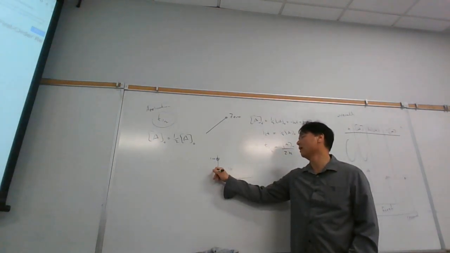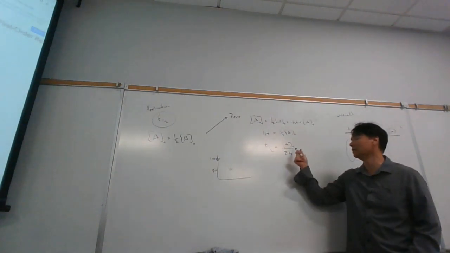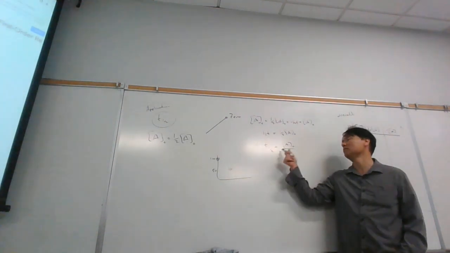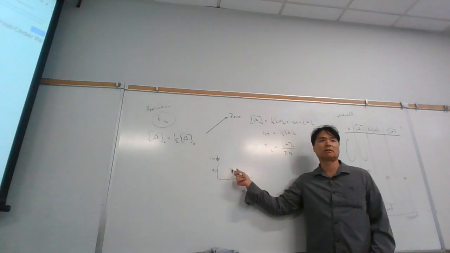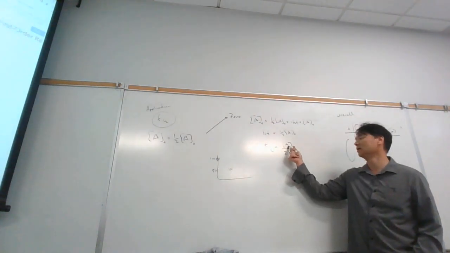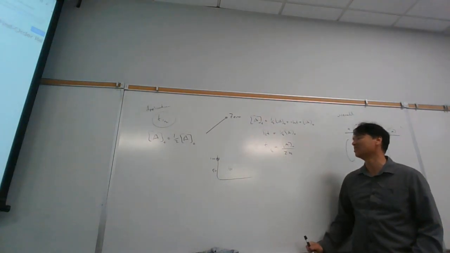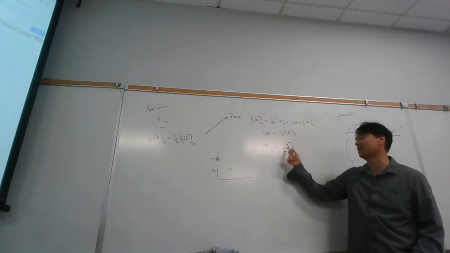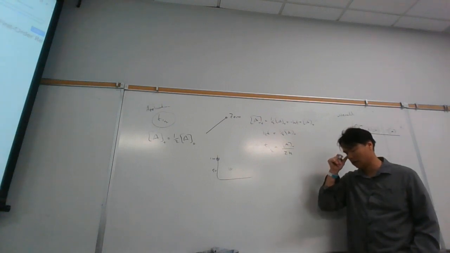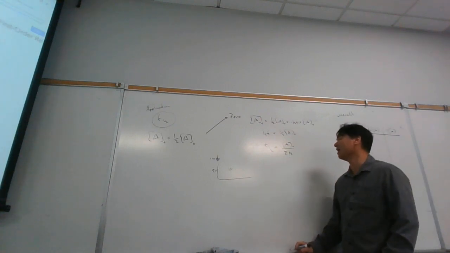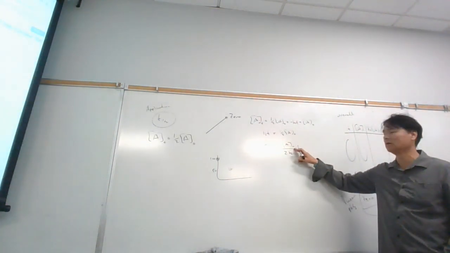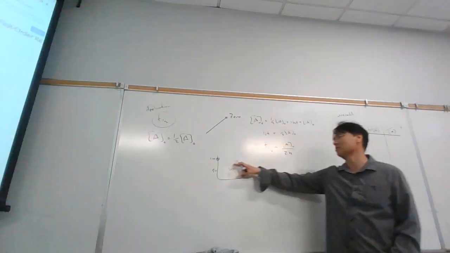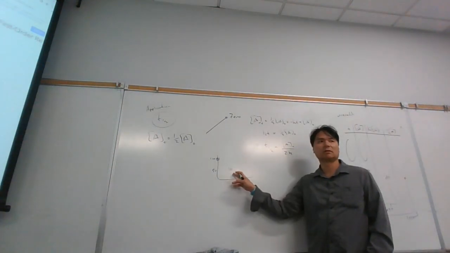Now the second half-life, the initial is going to change because it's not going to be 100 anymore. The second half-life is going to start at 50. So if I start at 50 here, then it's going to be half as long because it's half the concentration. And so each successive half-life is going to be half as long as the previous one because our starting point isn't the time 0. Our starting point is just where we start.